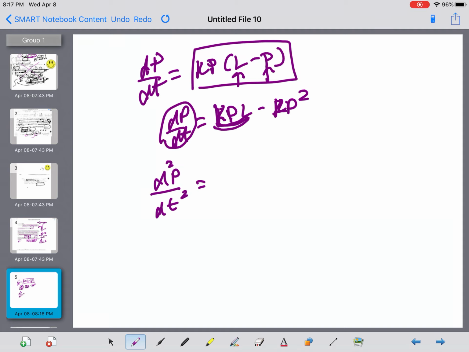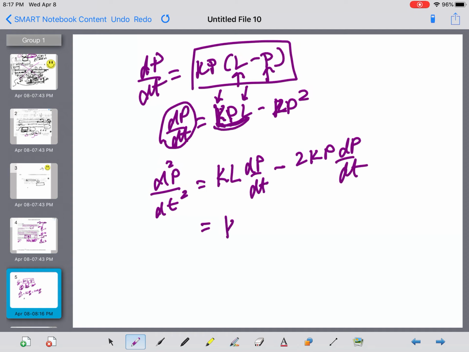So using implicit differentiation, k is going to be a constant of proportionality, L is a limiting factor, and the derivative of P is 1, so I have kL, but I have to follow it with like y prime, which is dP/dt, minus 2kP dP/dt.